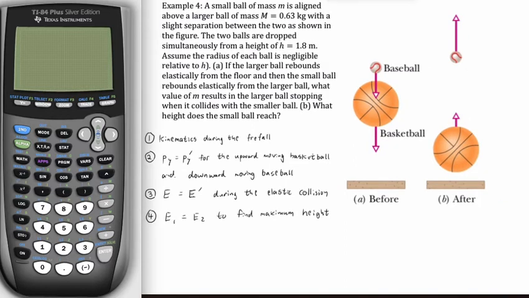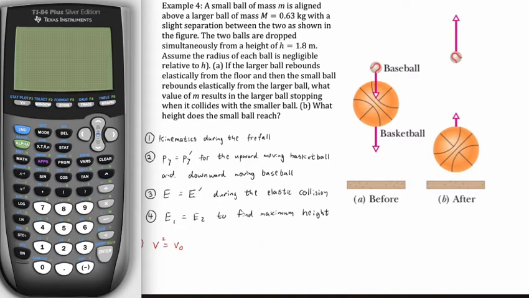Okay. So let's go ahead and take a look at how fast the balls are going when they hit the ground. Okay, so we're going to have v equals v naught plus a_y t. All right, that's going to become not 0, but v naught equals 0. And then, oh, actually, I want to use the one for displacement because we don't want to have to find the time it falls.